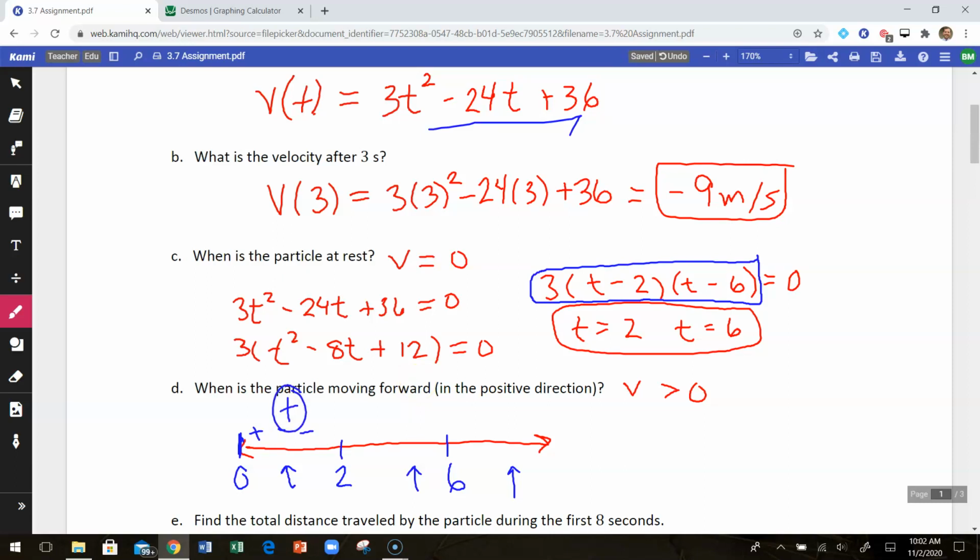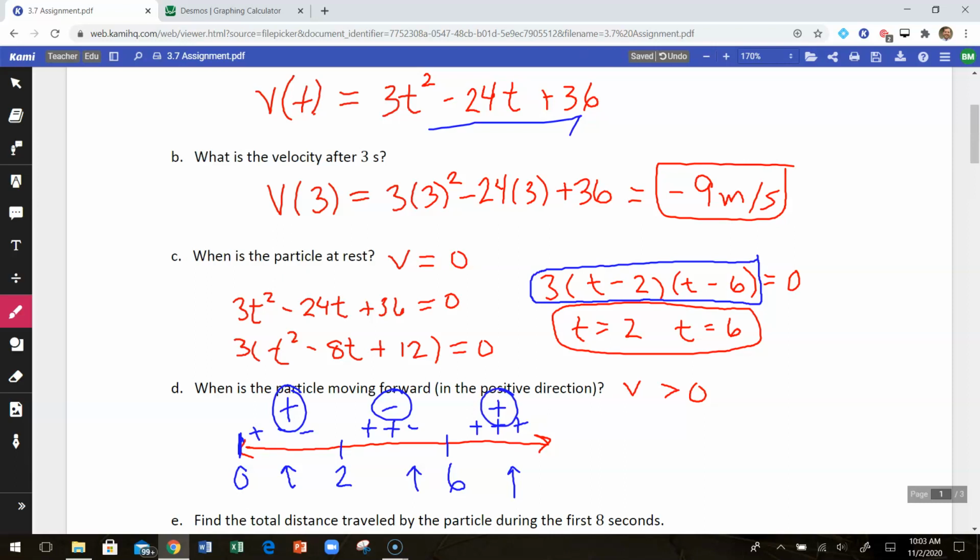If I plug in something between 2 and 6, like 3, well, again the 3 out front is positive. 3 minus 2 would be positive, and 3 minus 6 would be negative. If I multiply those together, I get a negative value in between 2 and 6. And anything to the right of 6, like 7, the 3 is positive. 7 minus 2 is 5, which is positive. 7 minus 6 is 1, which is positive. So I get a positive value out to the right of 6.